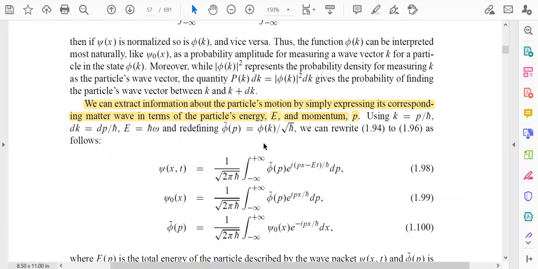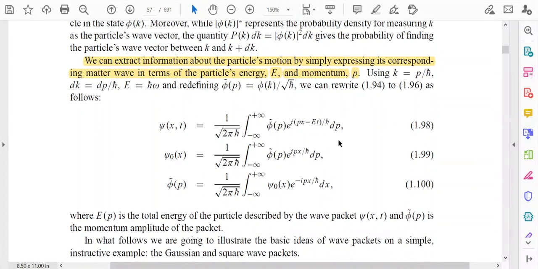As we were saying phi k is the amplitude corresponding to the wave vector, similarly we are saying phi p is the momentum amplitude. And if we use these relations, then equations 1.94 and 1.96 can be rewritten in terms of the following equation.